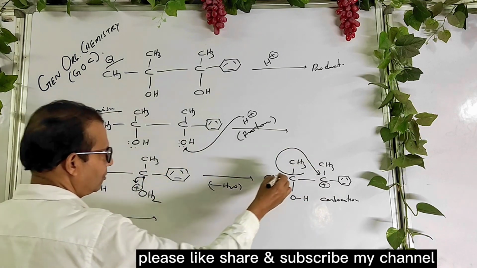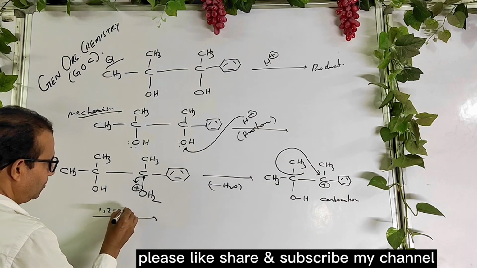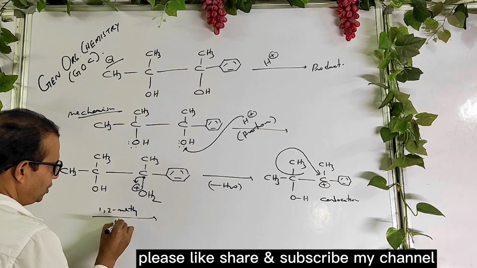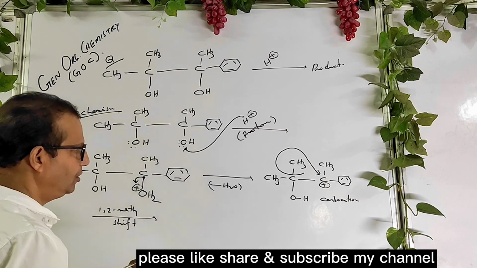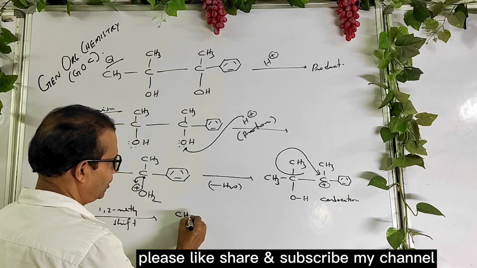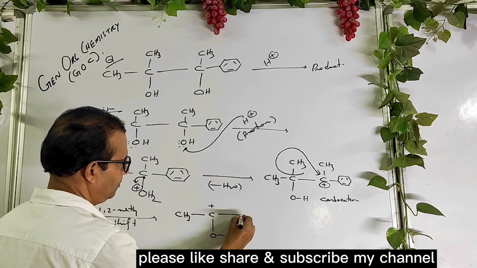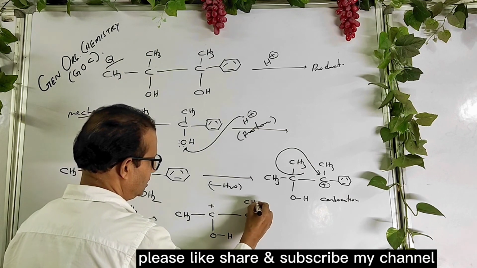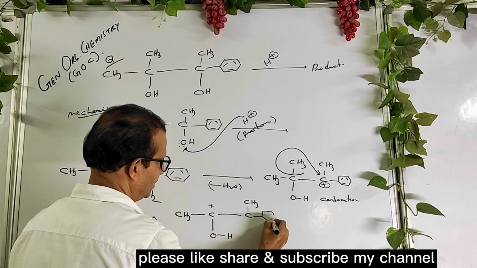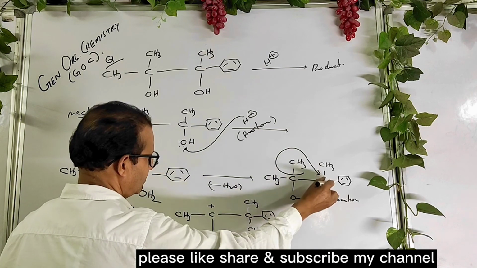So it is called 1,2 methyl shift. So you get the product COH positive, CH3, benzene ring, and here CH3 comes.